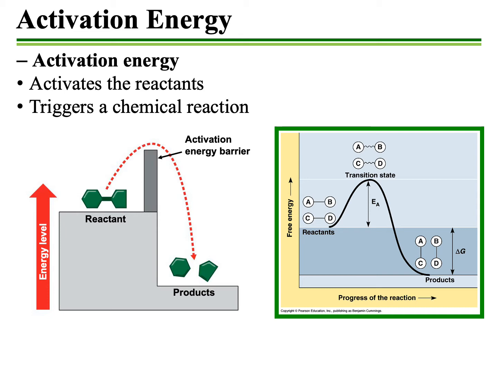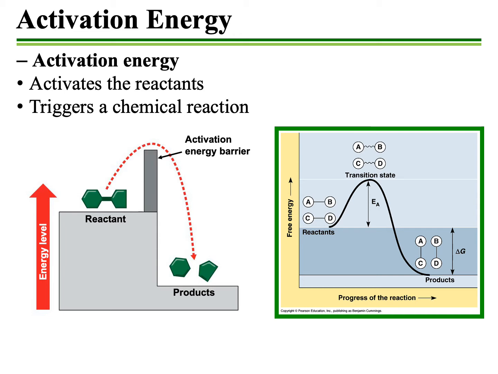So let's look at the right-hand figure. This one is a little bit more detail-oriented as far as a free energy diagram is concerned, but again, you read it the same way we've discussed previously. Progress of the reaction along the x-axis and the amount of free energy associated with the components along the y.